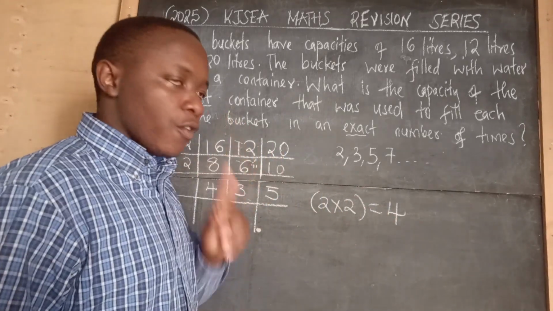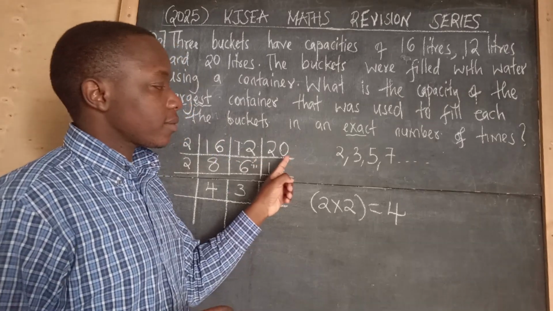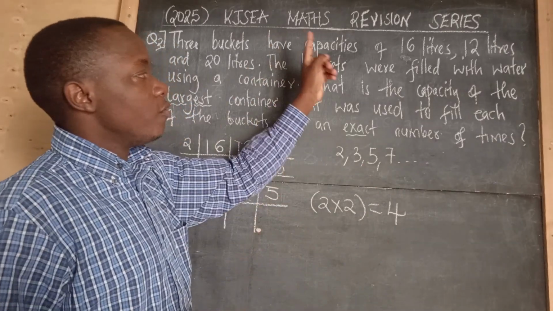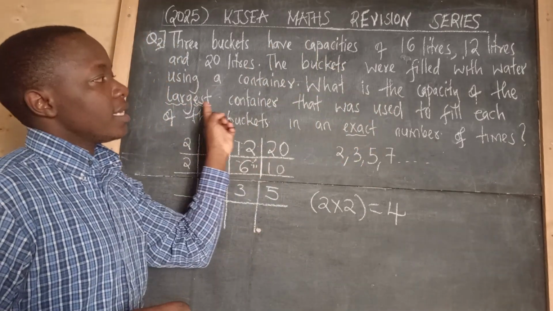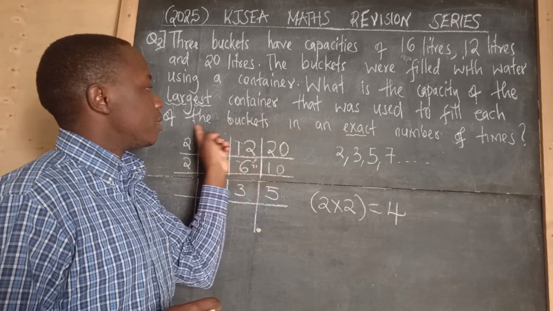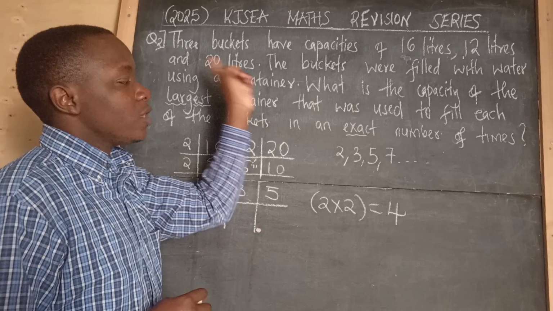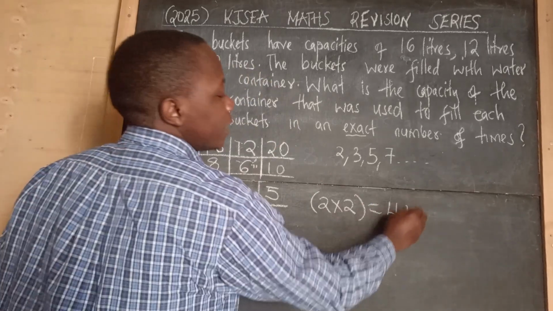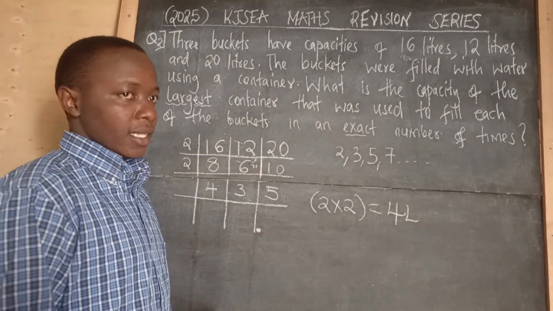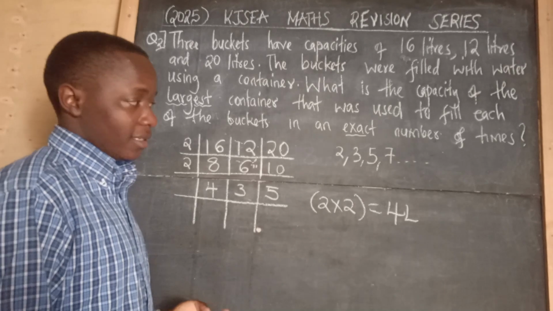Being the GCD of these numbers, we go back to our question. We've known that the largest container that can be used to fill these buckets, which are 16 liters, 12 liters, and 20 liters, is one that is 4 liters. And that is how we get our answer.